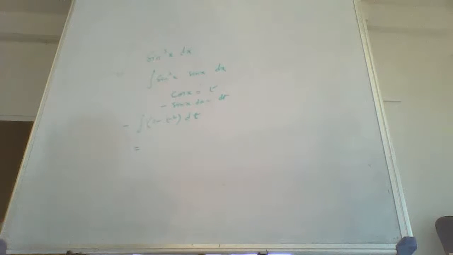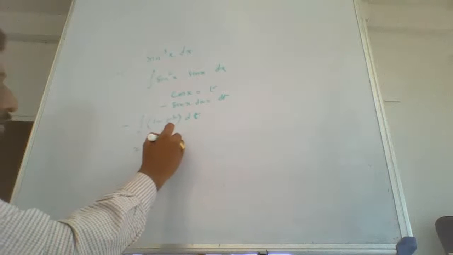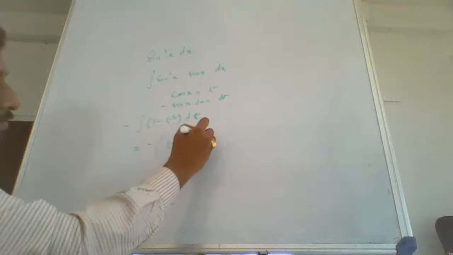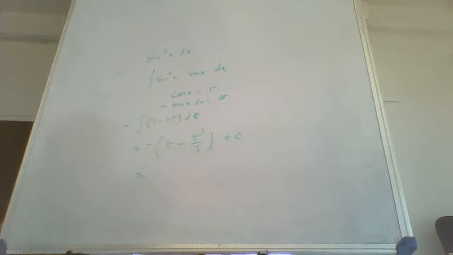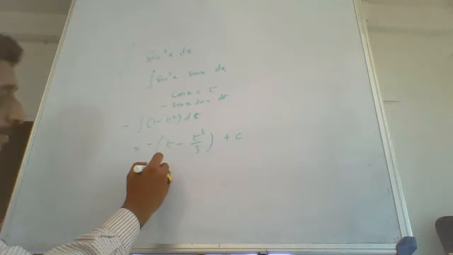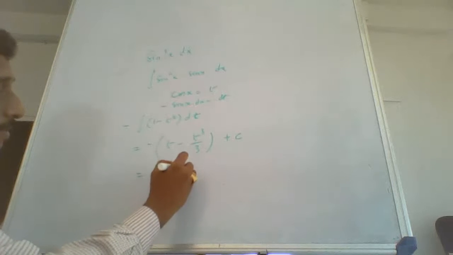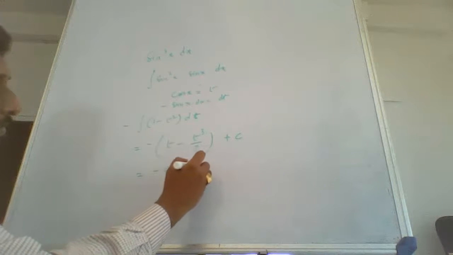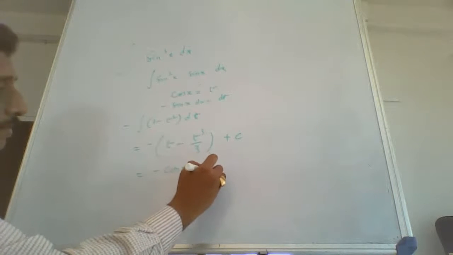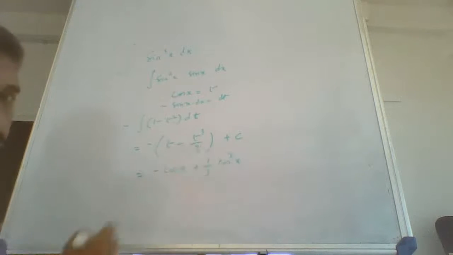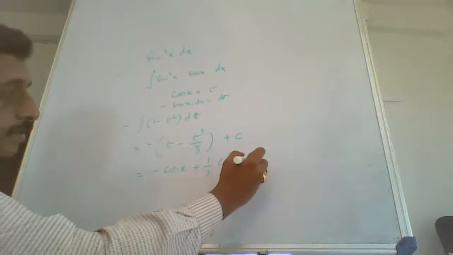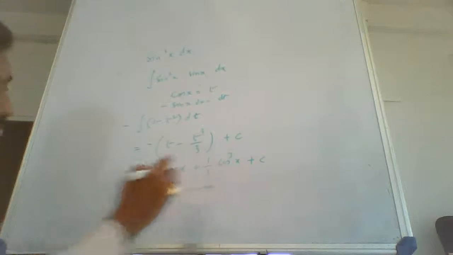Integration of that will be minus of (t minus t cube by 3) plus c. Now this can be written as minus cos x plus 1 by 3 cos cube x, plus c. So this will be the result.